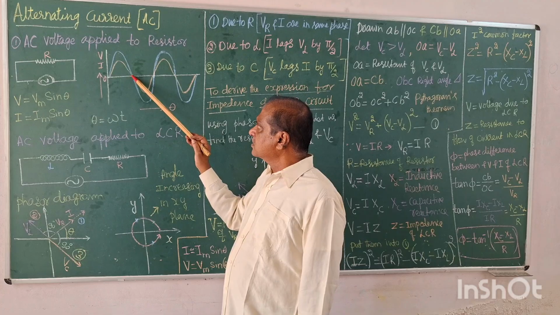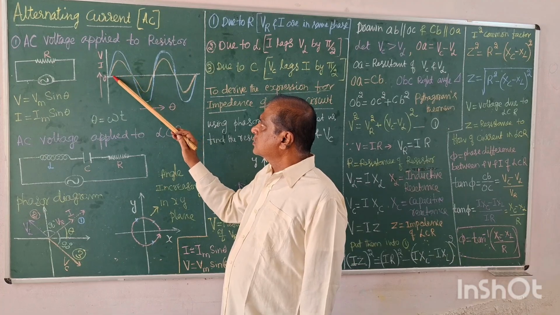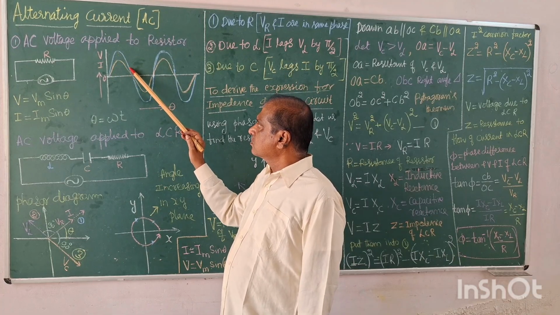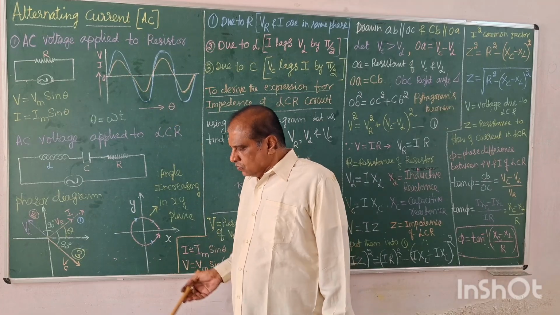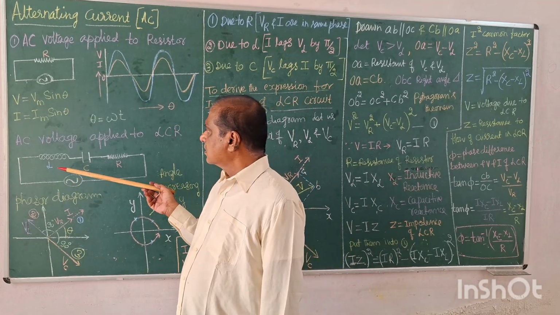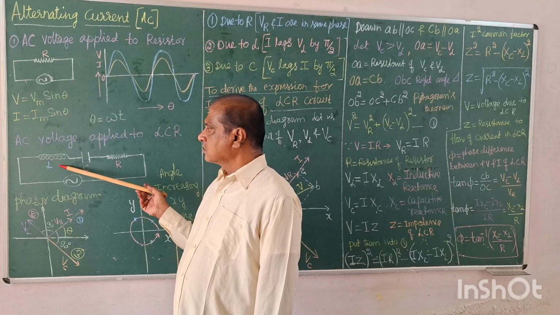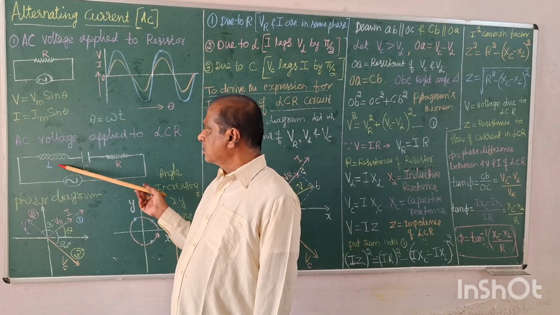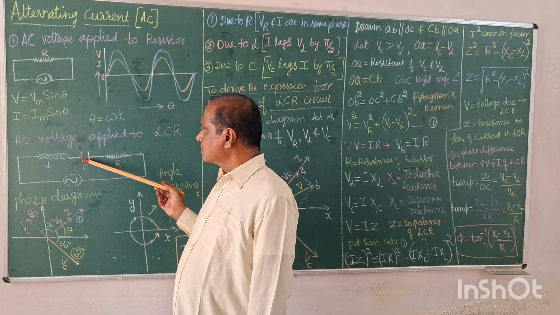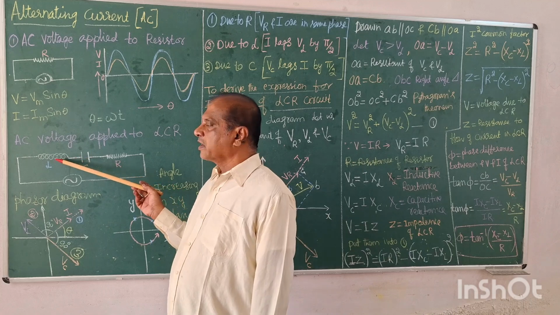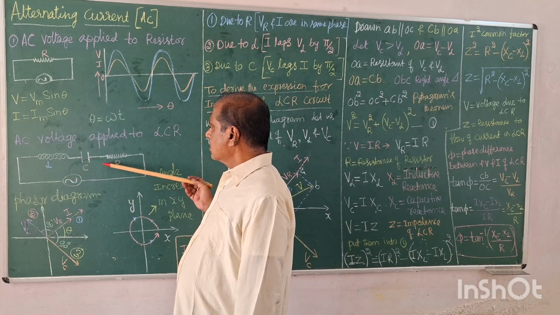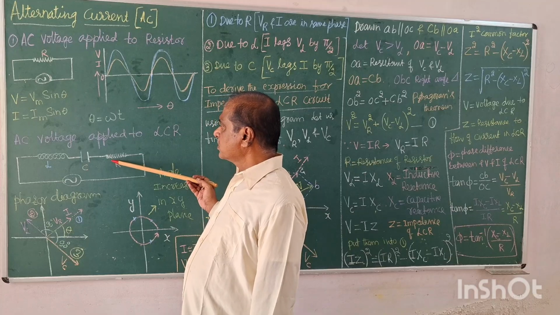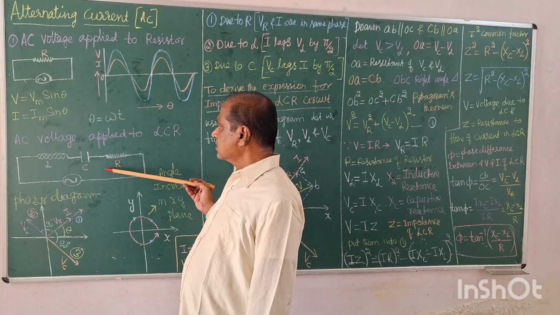So in every half a cycle, there is a store up and release and it gets compensated. There is no net gain or loss in energy by these components while opposing the current. But there is a loss of energy in the resistor while opposing the electric current. Look at the difference. That is the concept.